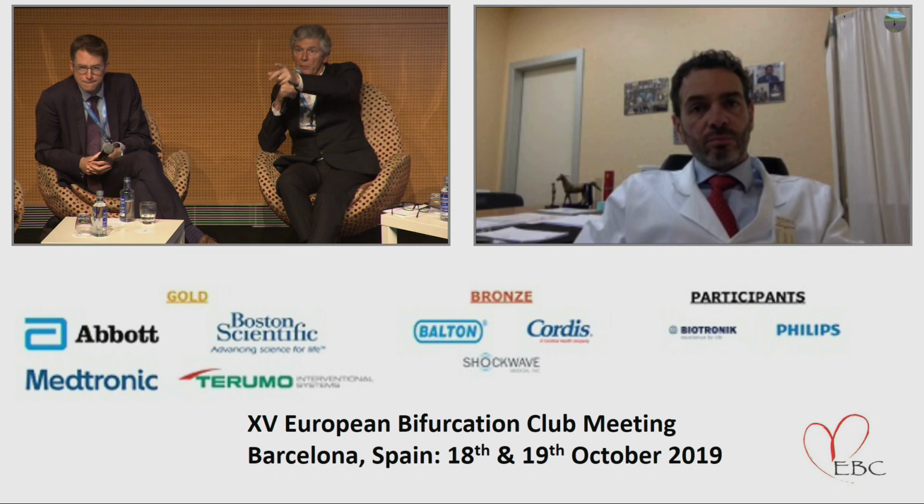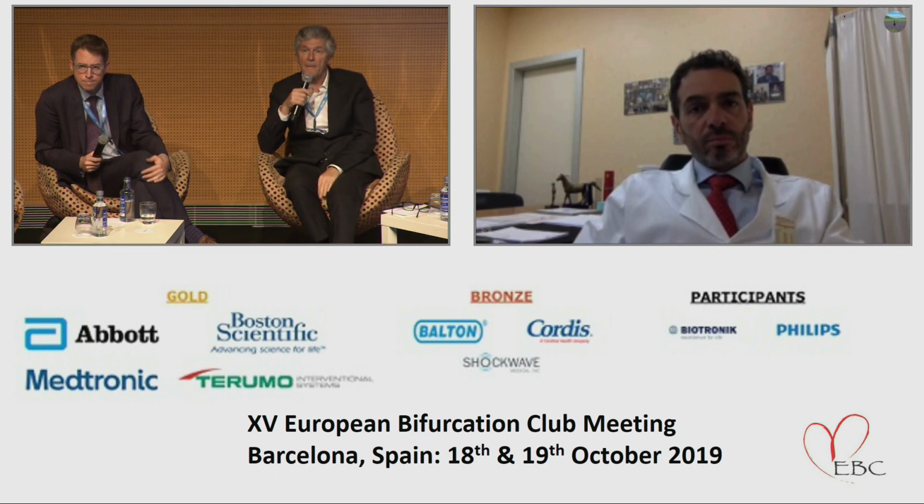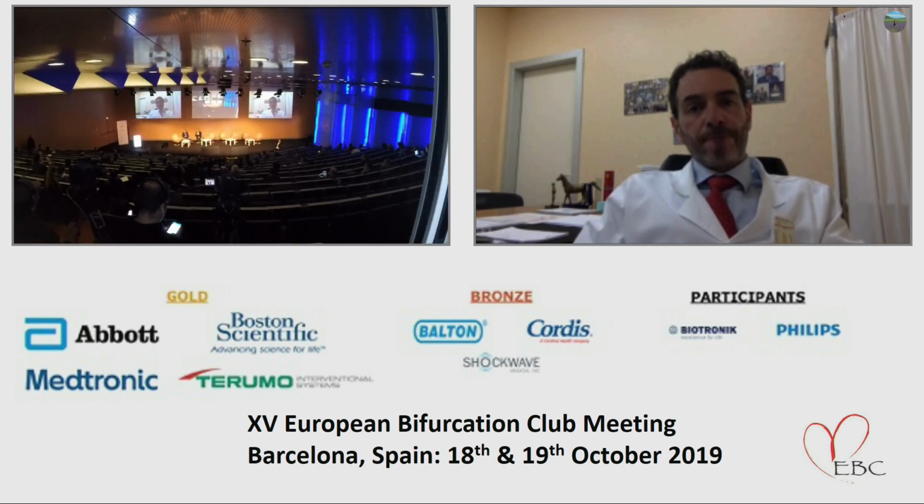We have a comment in the back, yes? I've been doing OCT for all my left main cases the last couple of years, and I think there are a couple of insights from that. First of all, every time you place a 4.5 millimeter stent in the left main, especially in a man, most likely it's going to be too small, because the median of the left main is 4.75. So every time you do that, you have to think that most likely it needs to be expanded.